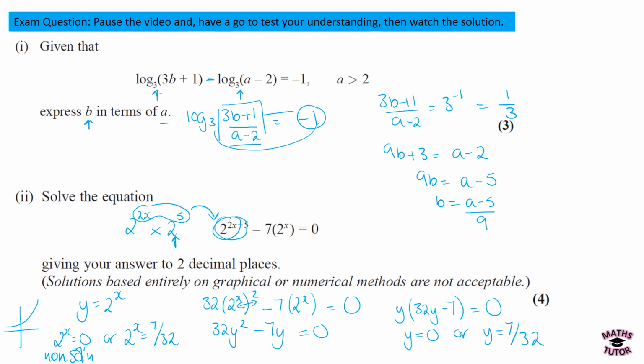And then here, just rearranging and writing it in terms of a log, log to base 2 of 7 over 32 is equal to x. And if you put that on your calculator, you're going to get that x is equal to minus 2.19 to 2 decimal places, and that's what it's asking you to give.